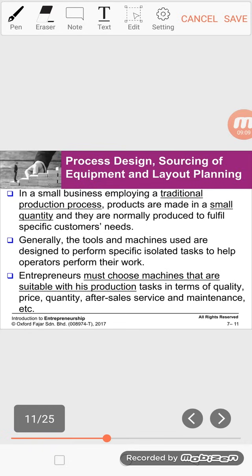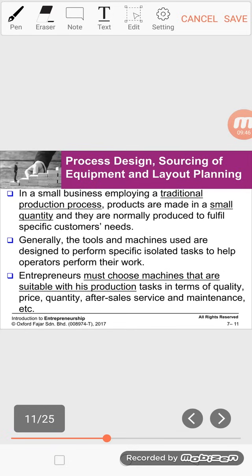So for example kerepek kan, kalau in Parit Raja tu there is a shop, IKS shop jual kerepek, and dia punya production tu is small, okay, compared to the large enterprise lah. Jadi when their production is small or low quantity, then dia punya machines, dia punya equipment and also the facilities, it must conform to the amount of the production.